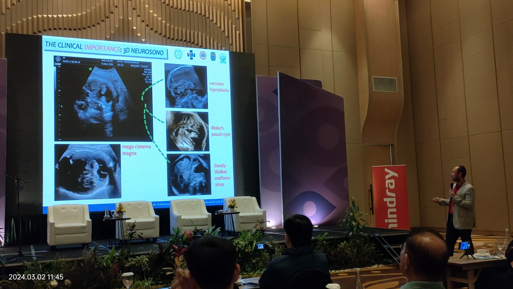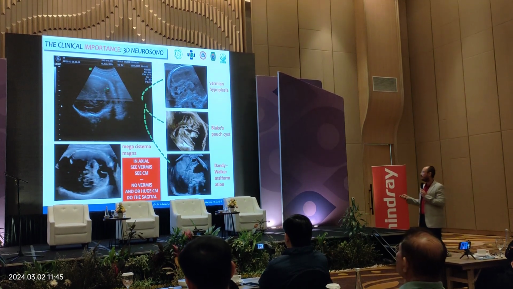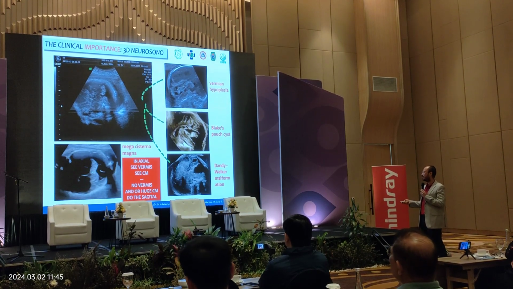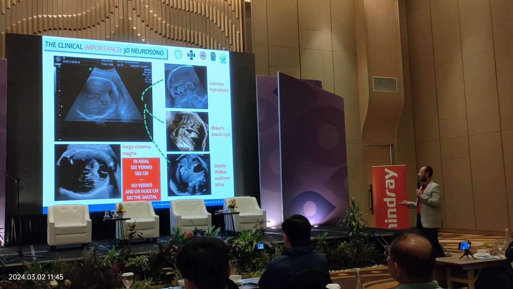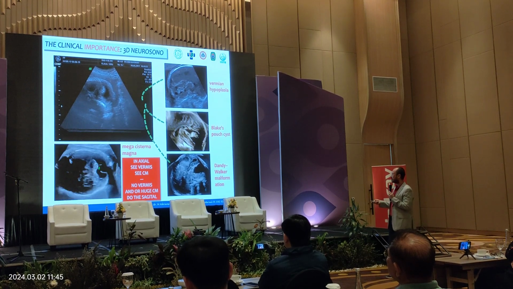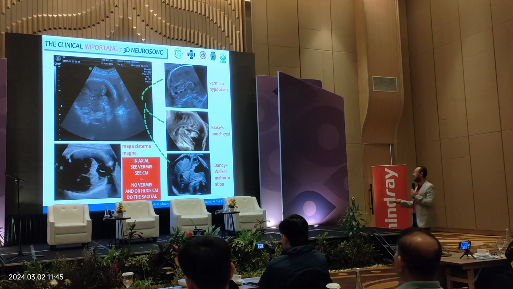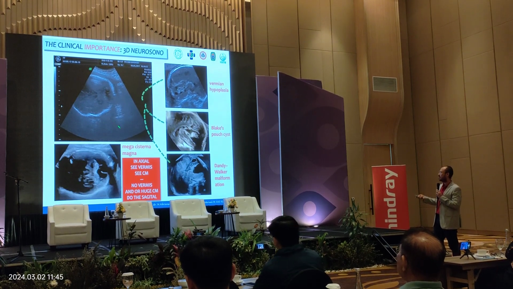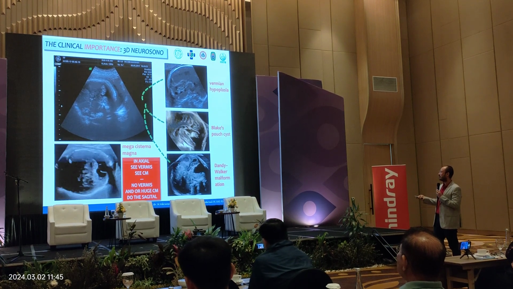So in this case, in the axial plane, here we cannot see the vermis. Here we can see the vermis, but in this picture, we can see that posteriorly the cisterna magna is very large, and here it is also very large without the vermis. How can we differentiate the diagnosis?